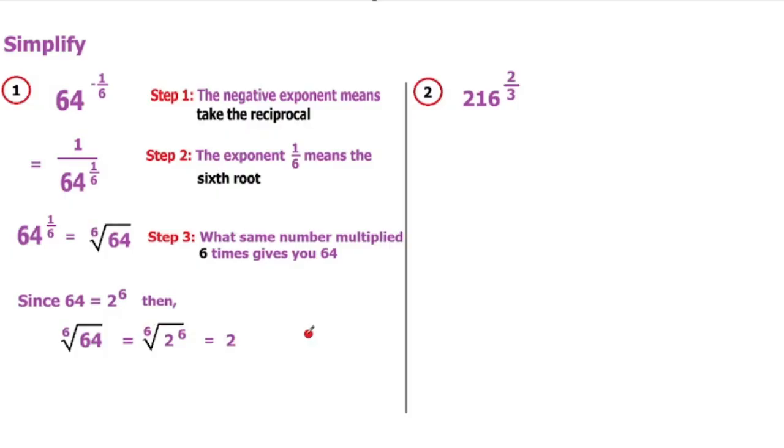Just like in a square root, if it was a 2 here and then just a regular square root, the power of 2 would cancel out the square root sign. It's the same idea here with the 6th root. So finally, we can write this 1 over 64 to the 1/6 equals 1 over 2, because this whole expression equals 2, so it's 1 over 2.